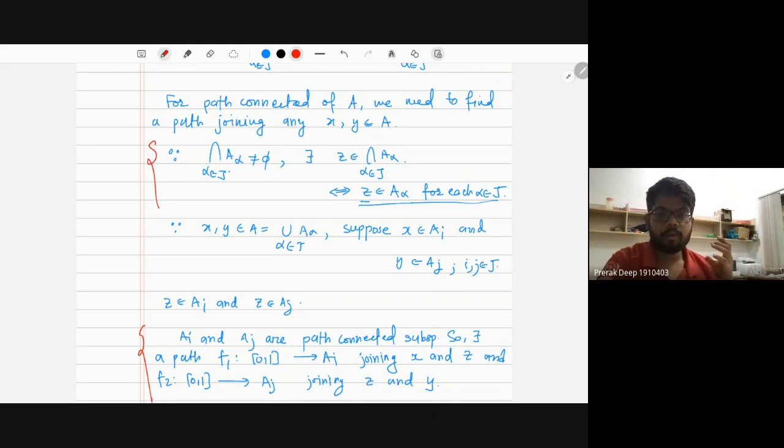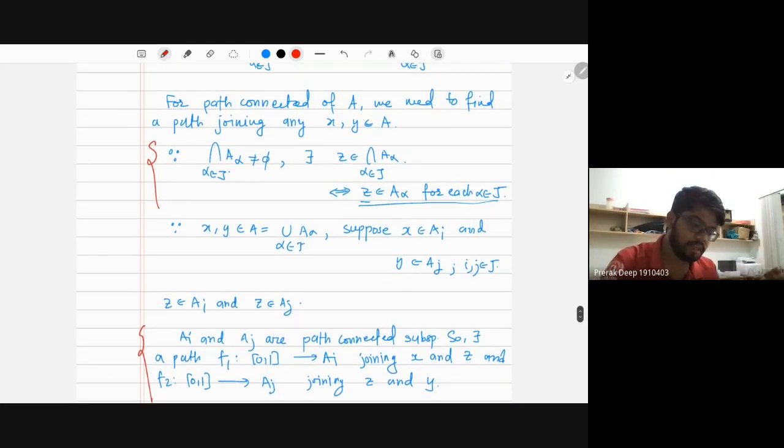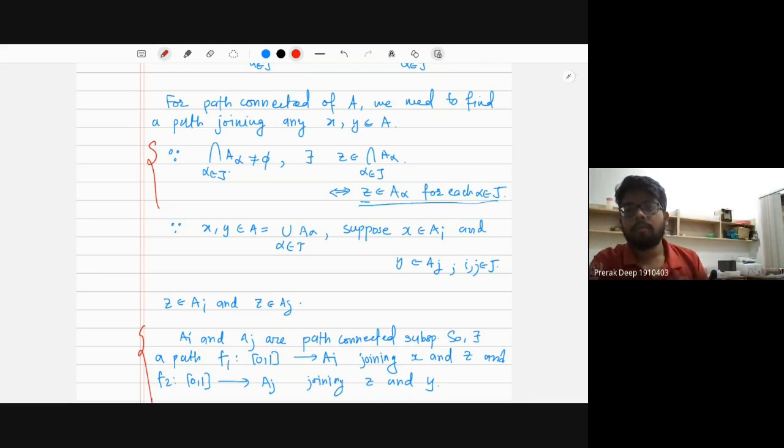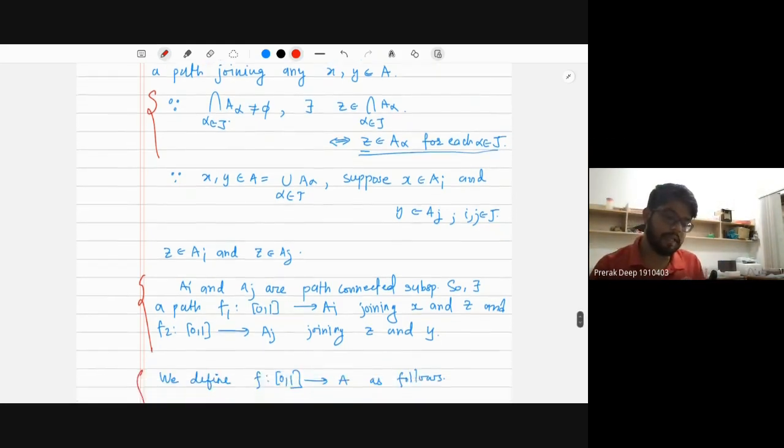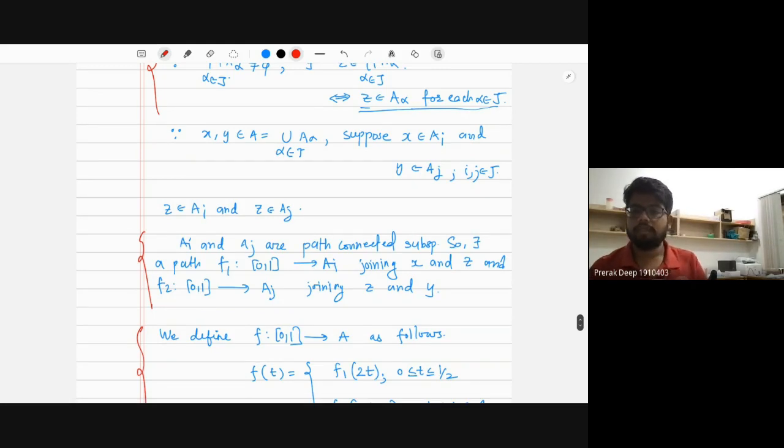So this proof can be broken into four parts. First, use the non-empty intersection property to find a common z lying in both path components. Once you get that, you apply the path connectedness of the subspaces to find the paths f1 and f2, joining x to z and z to y.